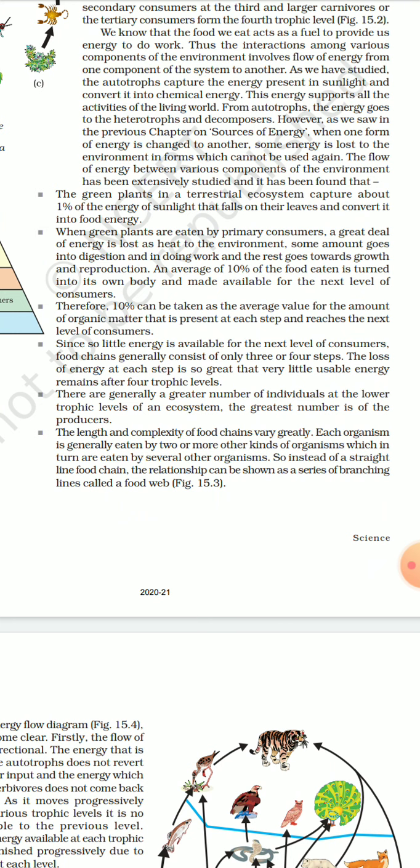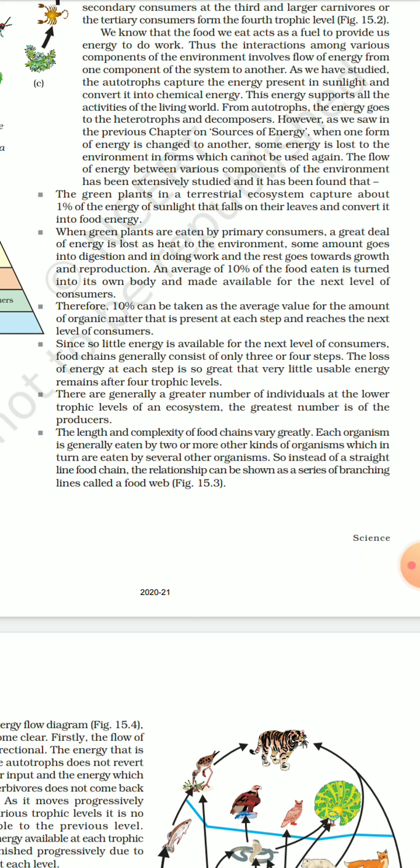Each organism is generally eaten by 2 or more other kinds of organisms, which in turn are eaten by several other organisms. So instead of a straight line food chain, the relationship can be shown as a series of branching lines called a food web. What happens is, an animal or organism is not consumed by only a single consumer.